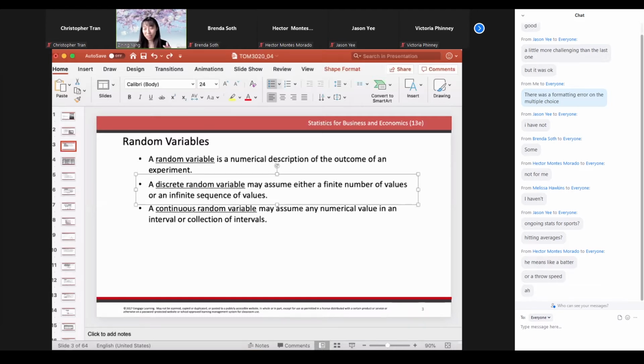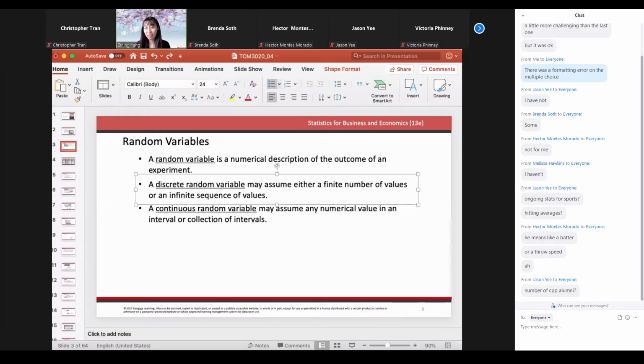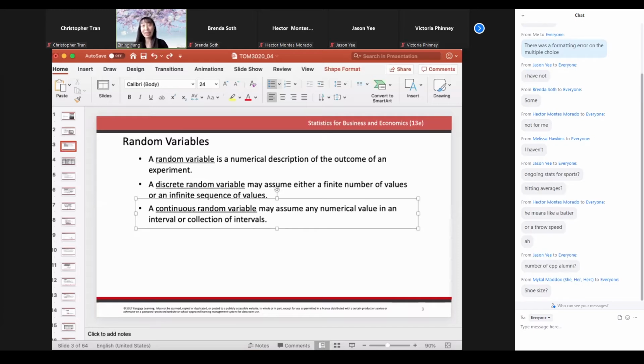Think about it, or you tell me, is there any value you can't take? If you have a super precise measure, it goes through 4, 5, 6 decimal places. So speed is actually a continuous random variable.